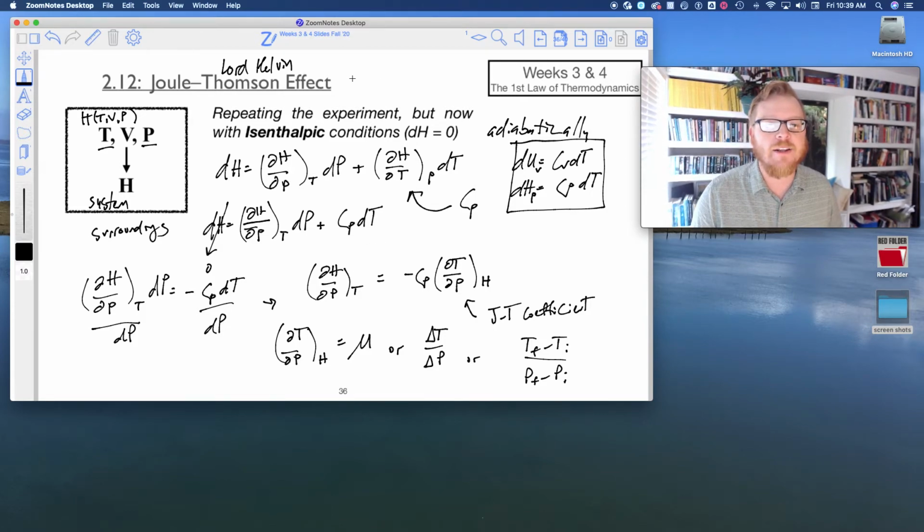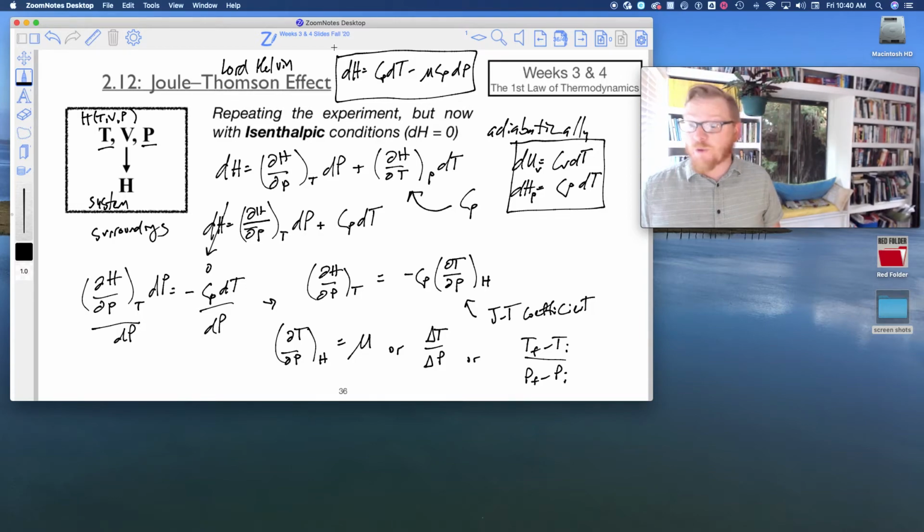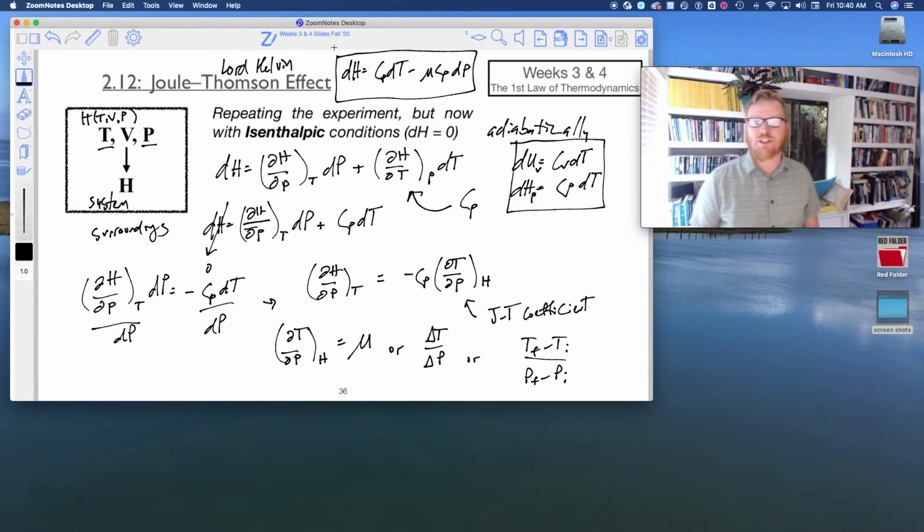And so now finally I will rewrite our expression in H as dH equals Cp dT minus mu Cp dP. So we've dropped all those derivatives, and now we have a total differential expression in H for things we can easily measure, like the change in pressure and the change in temperature.